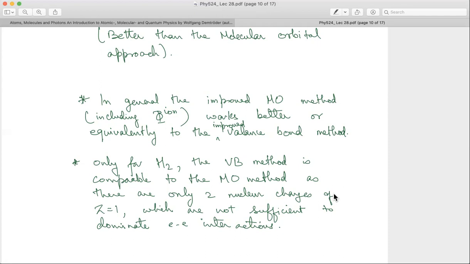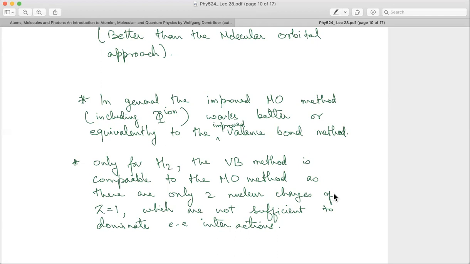Valence bond methods for most of the molecules other than H2. Okay? So only for hydrogen, the valence bond method is comparable to the molecular orbital method. This is because there are only two electrons, or only two nuclear charges, and they are comparable to the electron-electron interaction energies and so on.